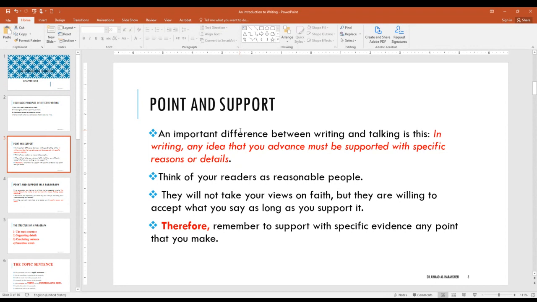It depends on the information or the evidence that you will quote.